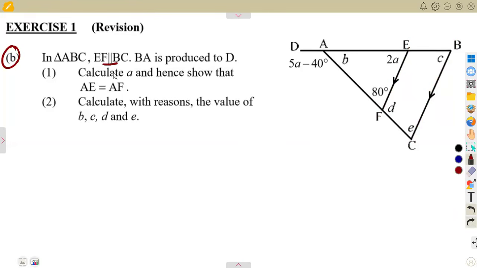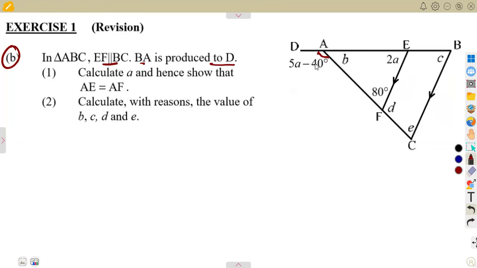That is what you're given. BA is produced to D, meaning the angle DAC, this 5A minus 40, is the exterior angle of this triangle.